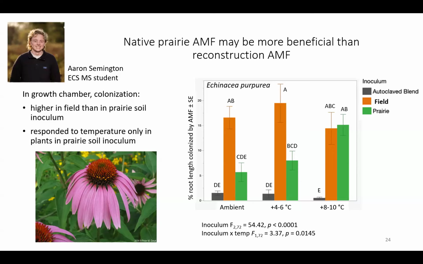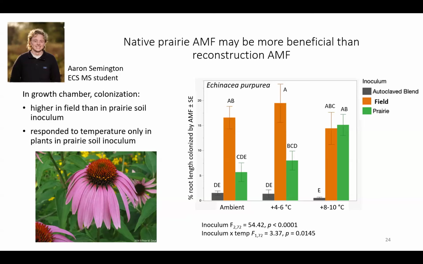And so we see this pattern where in the field soil, the purple coneflower shows this consistent and fairly high colonization by AM fungi into the root system. And it doesn't change with temperature. But in the prairie soil, you can see this steady increase with temperature.